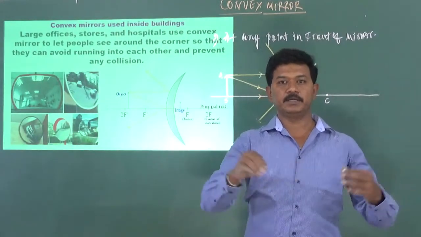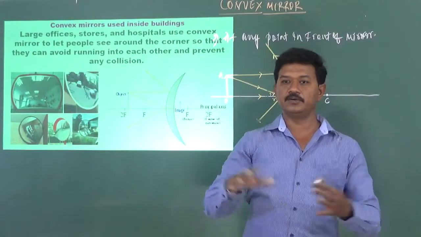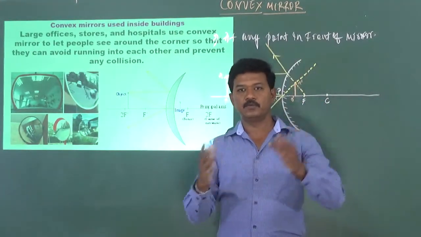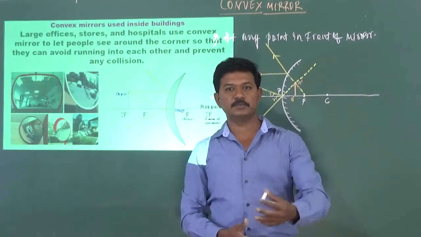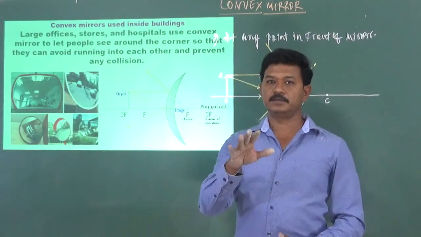If any customers come inside the hall and do some activities, he can easily watch, and the workers in his shop or mall, he can watch them by using convex mirrors.